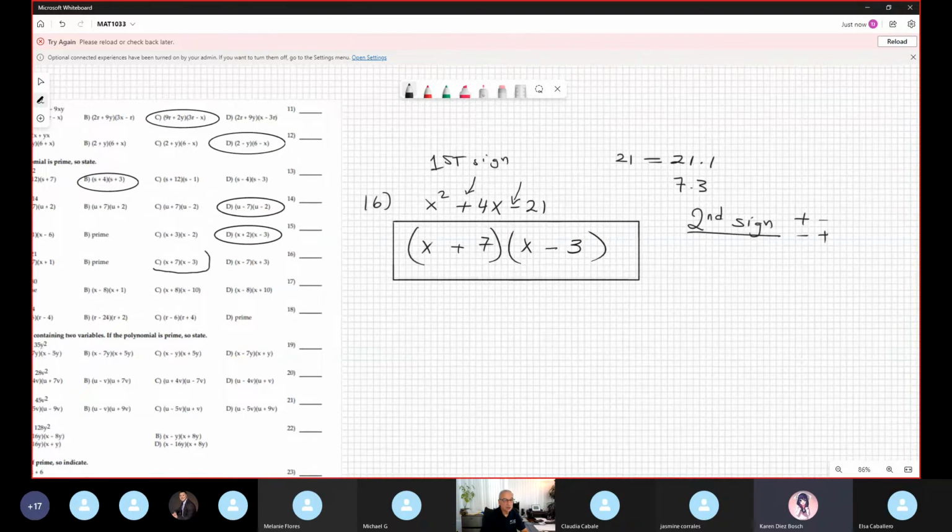It's this guy. We are doing factorization of a trinomial. But this is the easy trinomial. Easy, easy, easy trinomial. Why is it easy? How do you know it's easy? It's easy because the coefficient here is 1. If the coefficient is not 1, if it's 2, 3, entonces it's a little bit complicated.